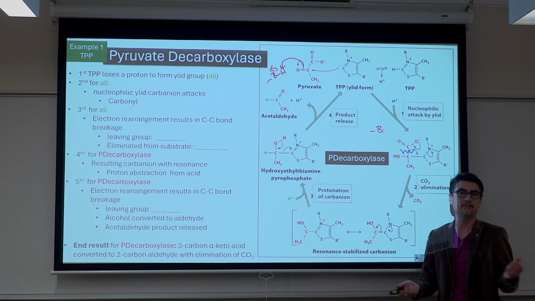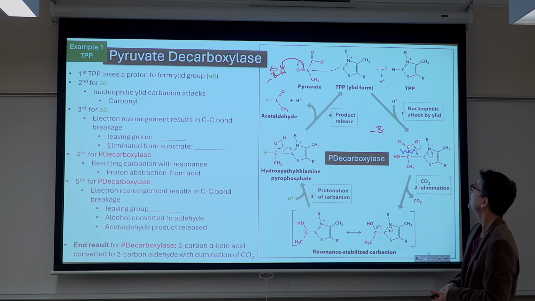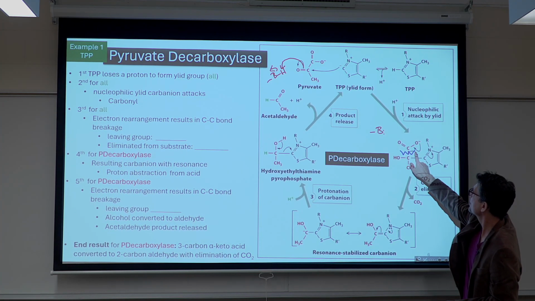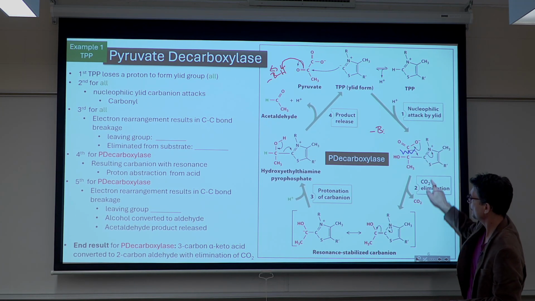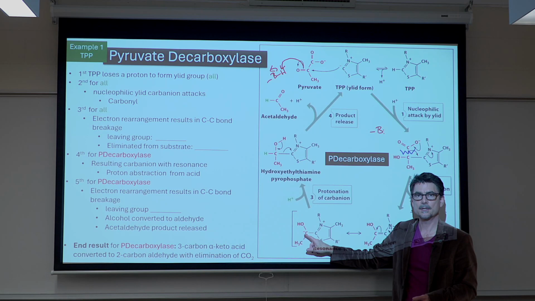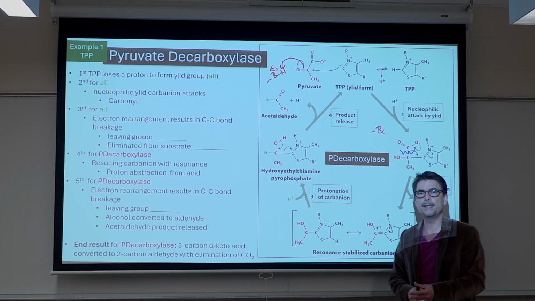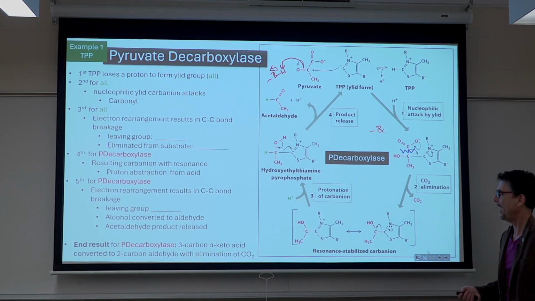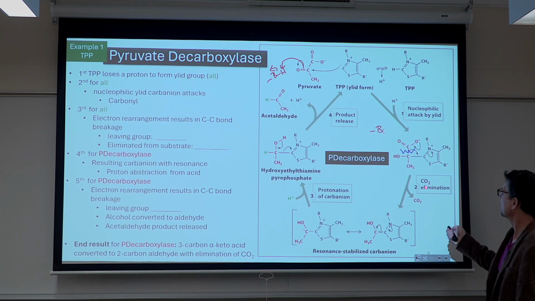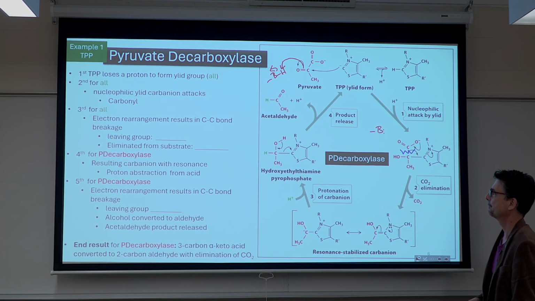Well, let's see. Electrons go there, but then these electrons go here. So what ends up with the electrons? The carbanion, right? So it's the TPP carbanion that is the leaving group. And we have carbon dioxide that is eliminated from the substrate.